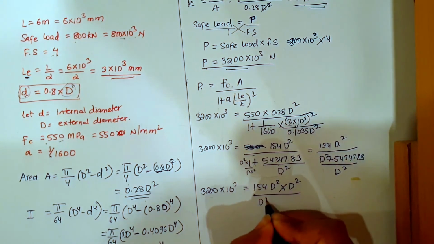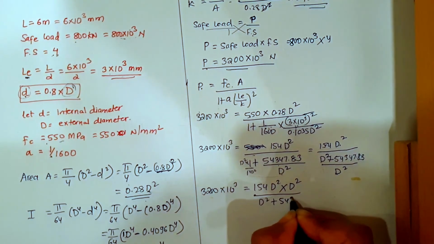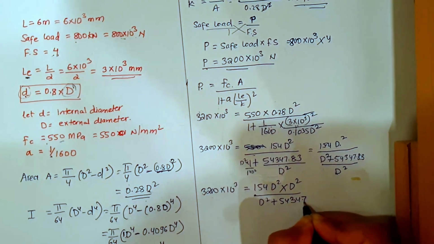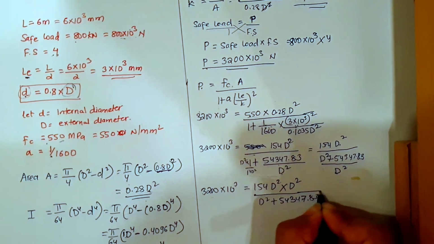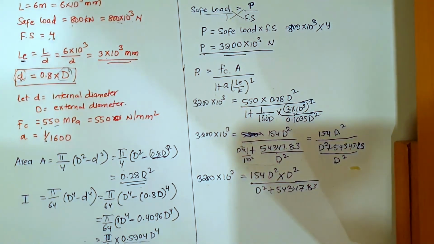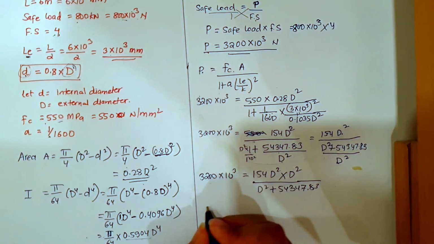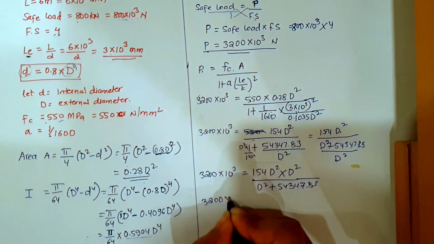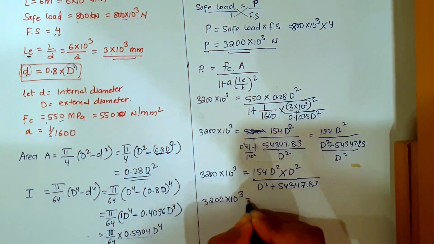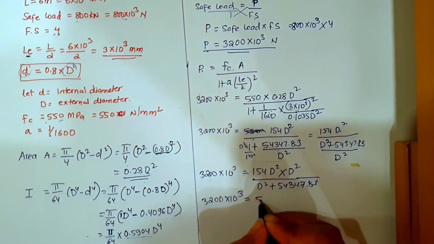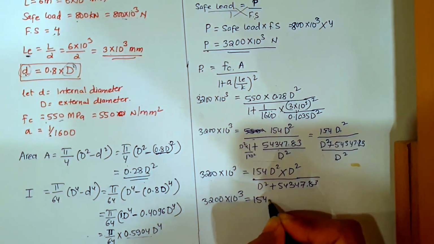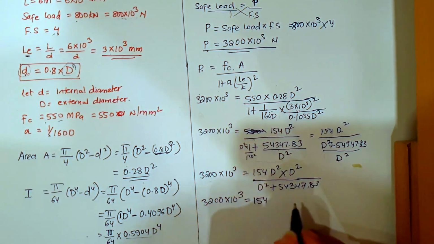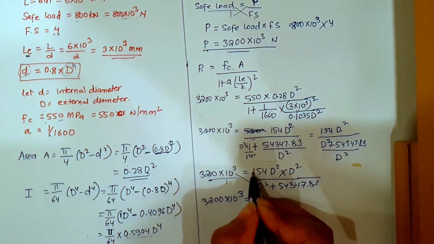remaining is d square plus 54347.83. This will be remaining, right? If you further solve this, you will get 3200 into 10 raised to power 3 equals to, here it will be 1.5. Instead of this, I'll just do cross multiplication.